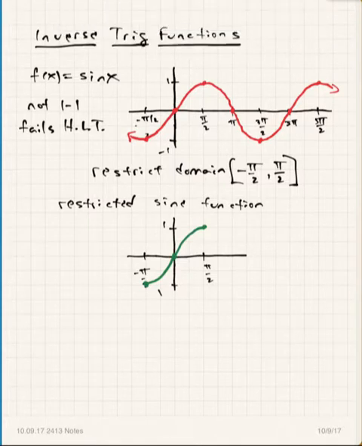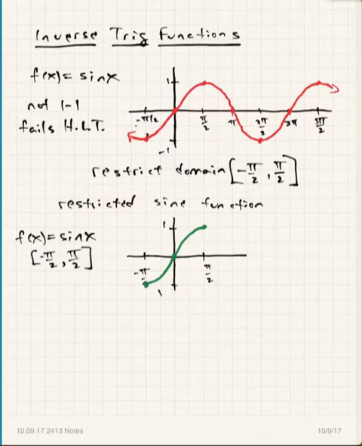So this is what we call the restricted sine function. Sometimes you'll see textbooks make a notation change here. But just understand that whenever we're talking about inverses, you are automatically talking about the restricted sine function, not the sine function itself. We're not going to use any special notation here. That's the domain for this function.